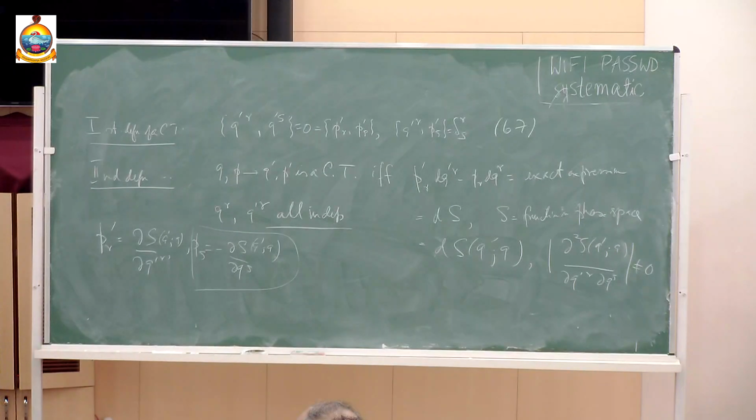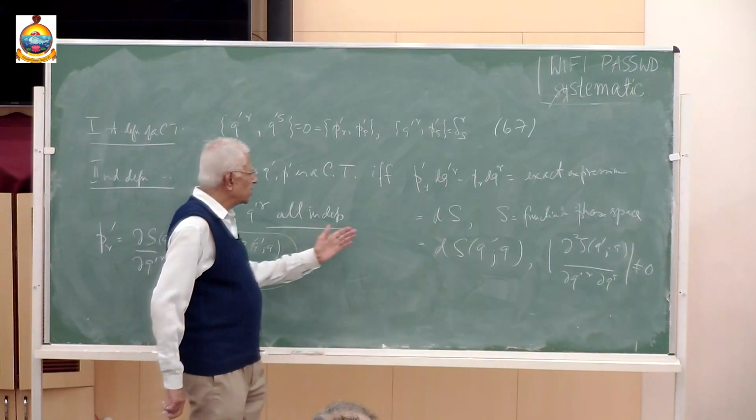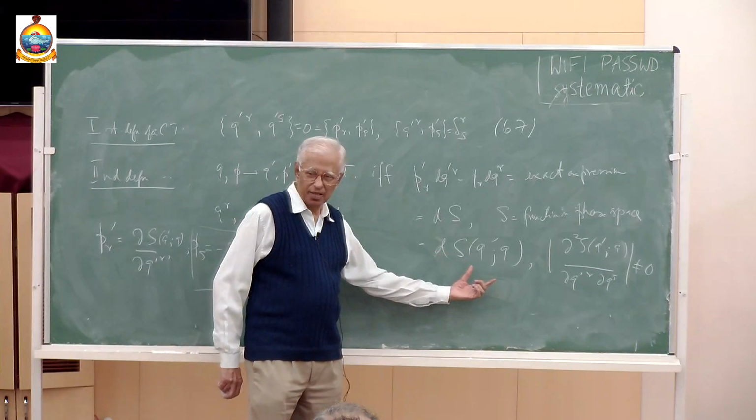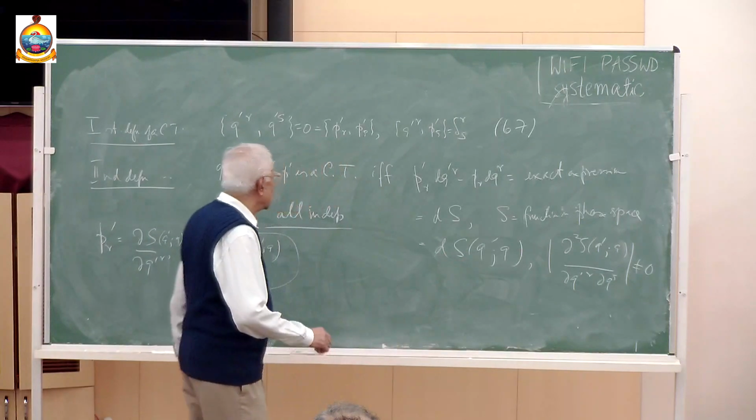Now I come to something which Shamik asked the other day in private conversation. In the older books, people say we can imagine some other forms of this kind of description of a canonical transformation.